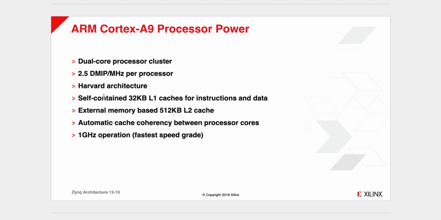So DMIP is known as Dhrystone millions instructions per second. DMIP means Dhrystone million instructions per second.